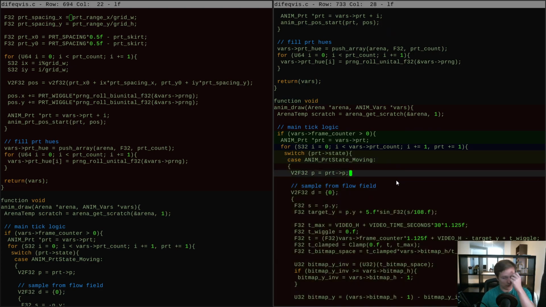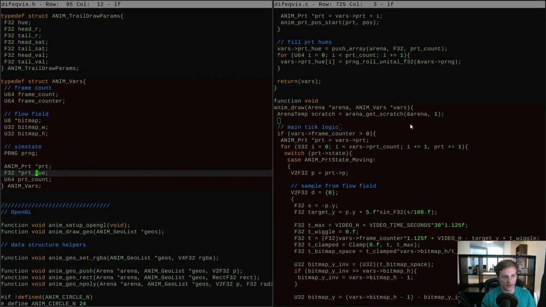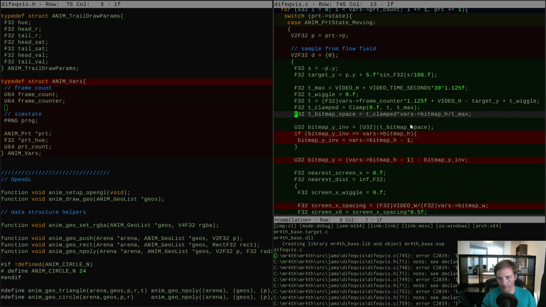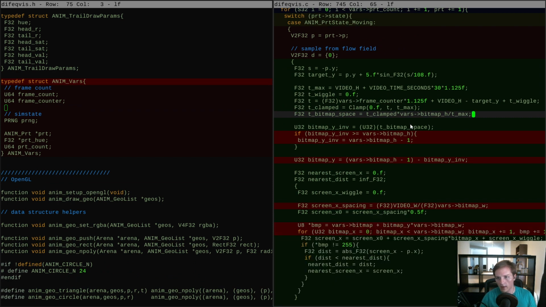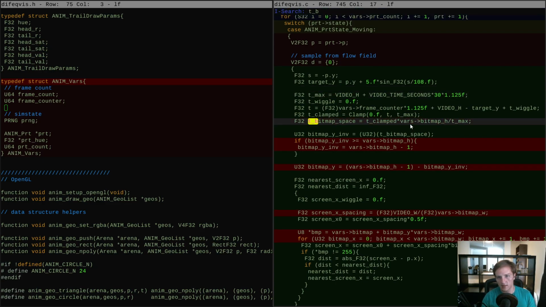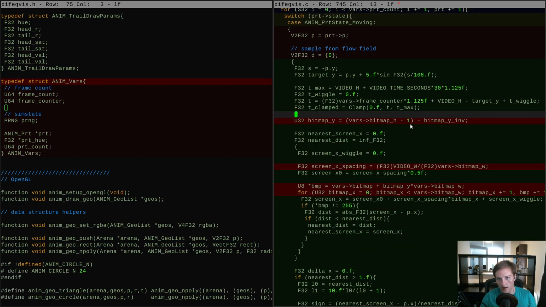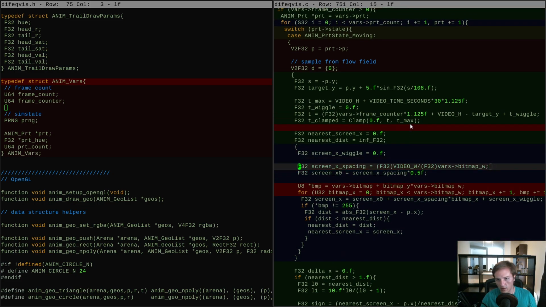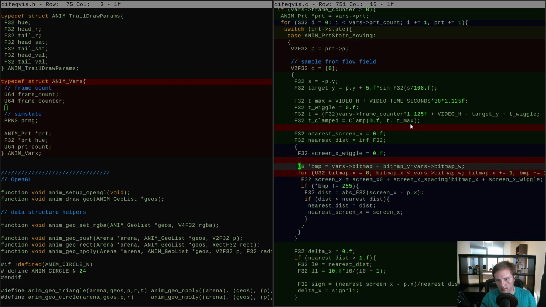But now what we're going to do is say, okay, there's more stuff to tear out. There's this whole bitmap. I'm going to take the bitmap out. So bitmap h divided by tmax. Let's just throw in, well, let's see, bitmap space, bitmap y, screen x spacing. We don't need this.